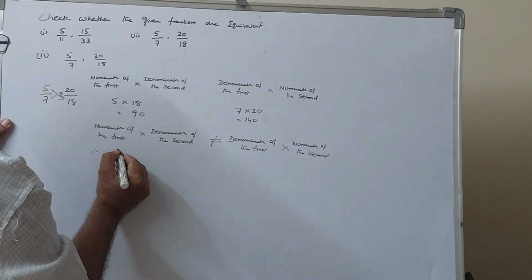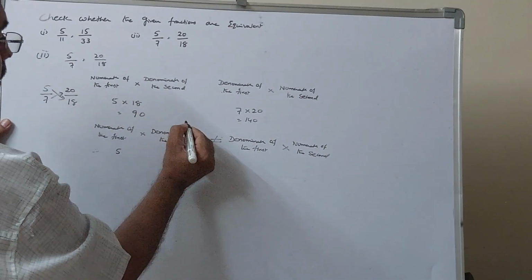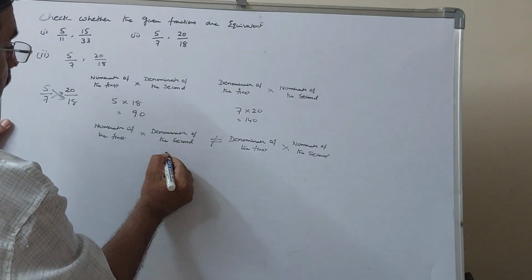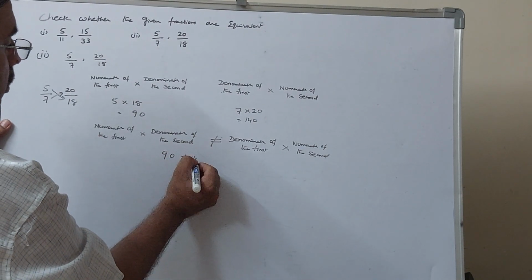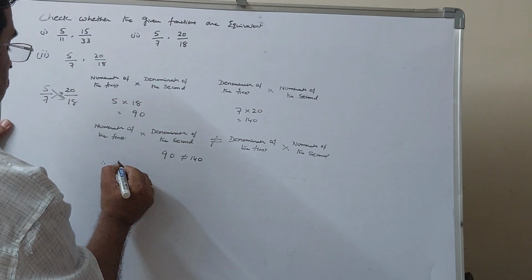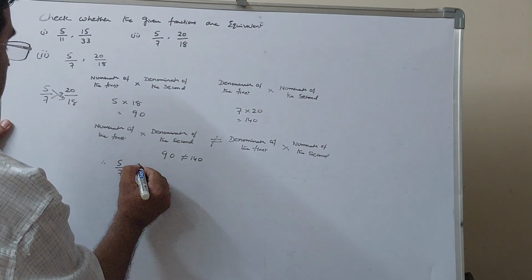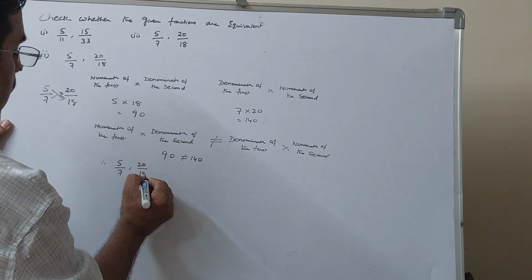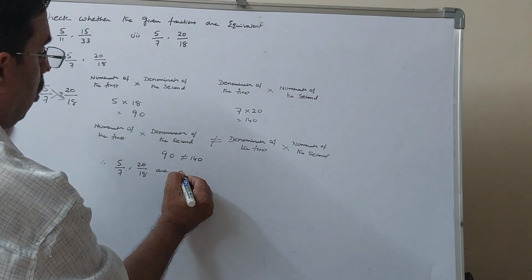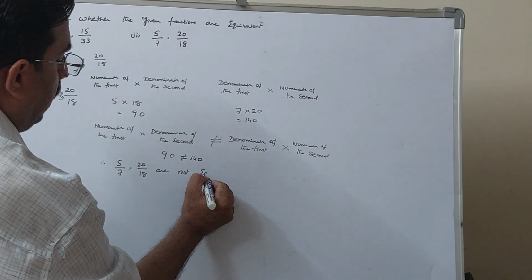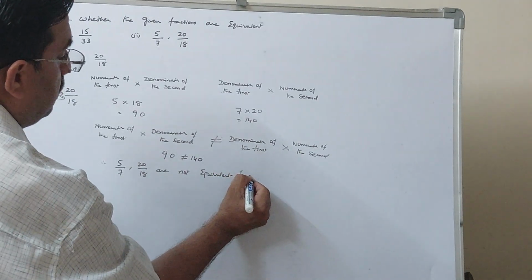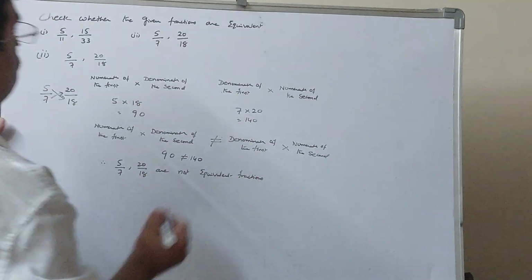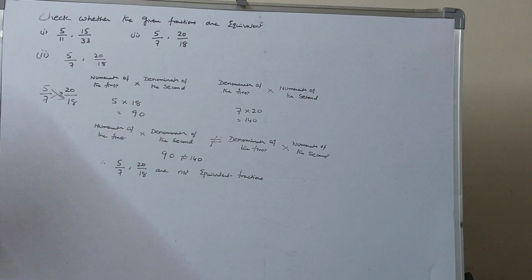Therefore 90 is not equal to 140. Therefore 5 by 7 and 20 by 18 are not equivalent fractions. This is the way you have to solve the question. Clear?